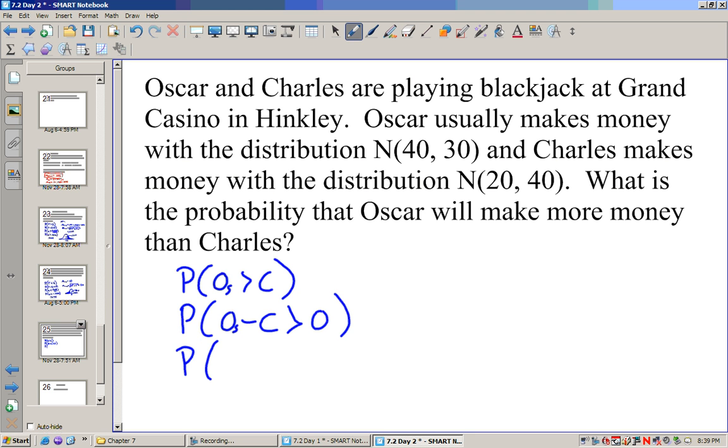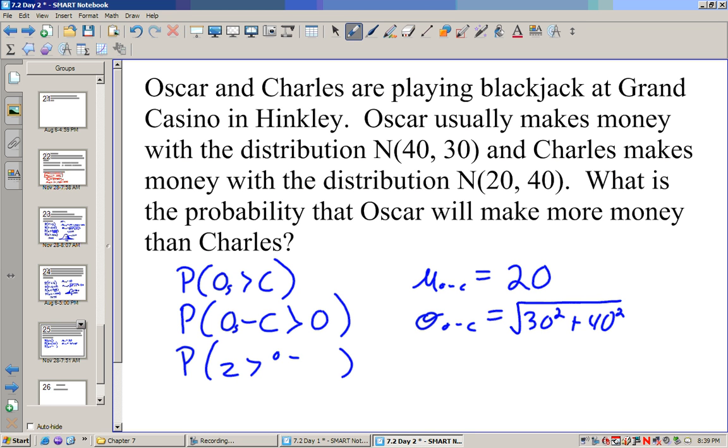All right, and that's the probability my z-score is greater than 0 minus the mean over the standard deviation. So let's find the mean of Oscar minus Charles and the standard deviation of Oscar minus Charles to see how this works out. So it's going to be 40 minus 20, which is 20. The standard deviation is going to be 30 squared plus 40 squared, and then square root that. This is like a 3, 4, 5 triangle, so this should be 50. So it's 0 minus 20 over 50. So that's the probability my z-score is greater than negative 2/5.